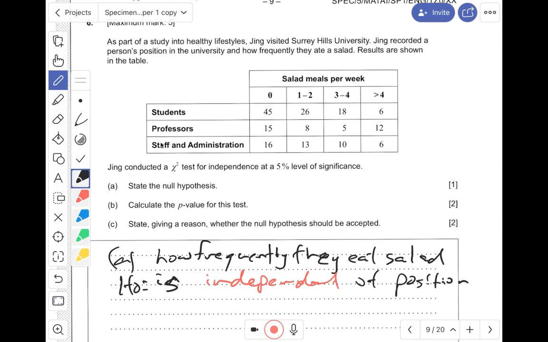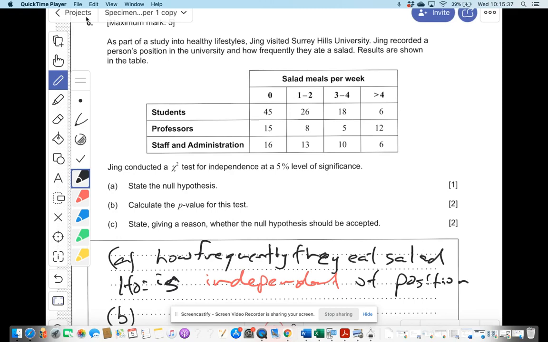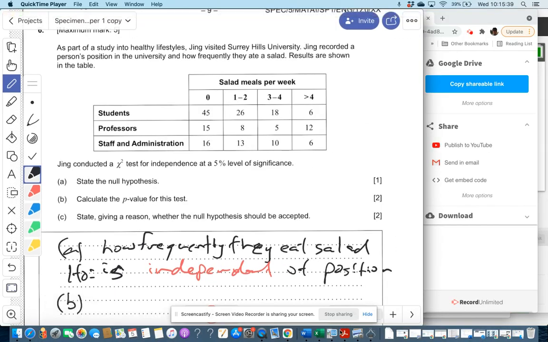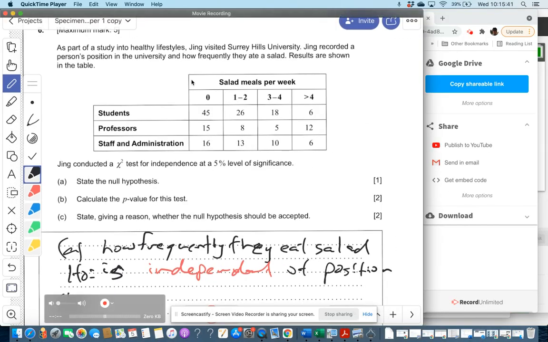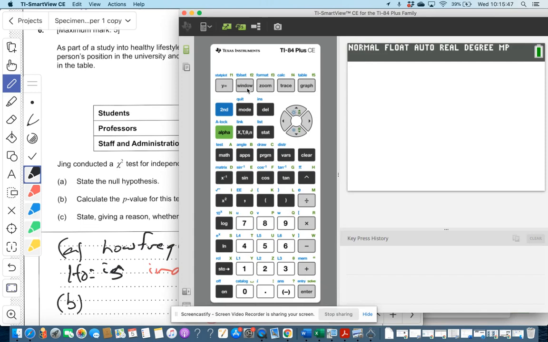Okay, so we're going to calculate a p-value for this test. So we're going to put this data into our calculator and do a chi-squared test for independence, because that's what this question is on. All right, so calculator, this stuff goes into a matrix.